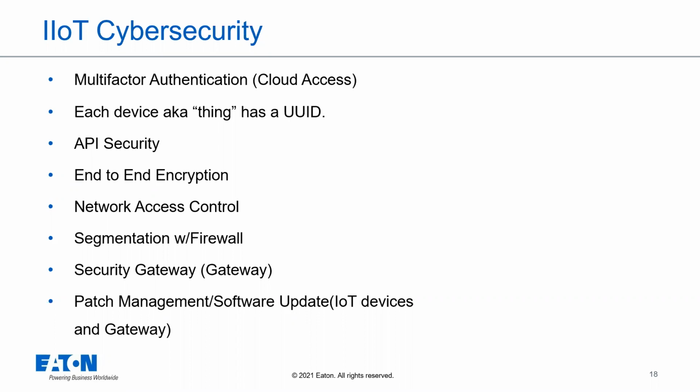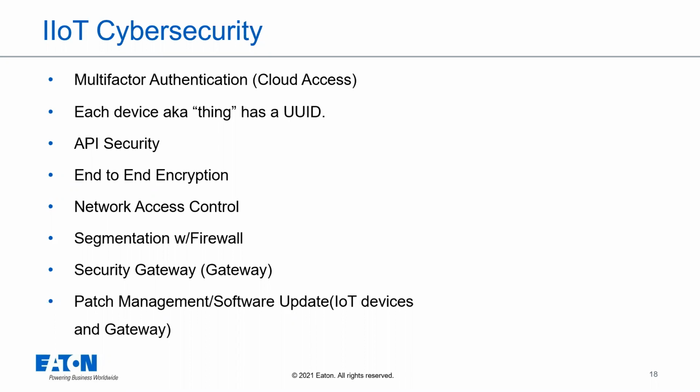Then the next thing it'll do, if you put in the username and password correctly, is ask you for a verification code. So even if someone steals your username and password, unless they have your secondary authentication, which for a lot of people is a text message, they can't break into the system, right?